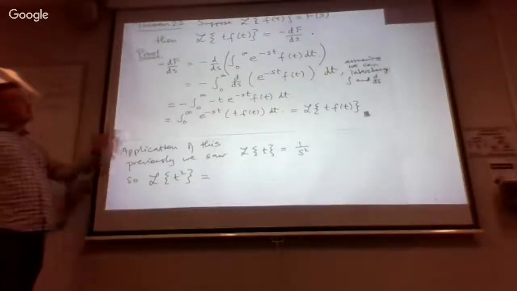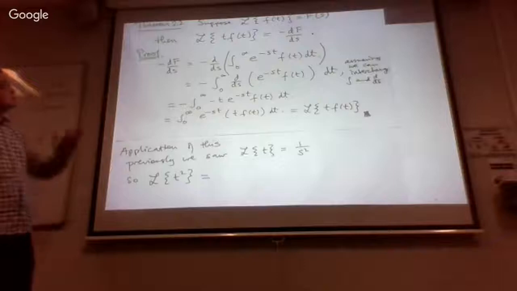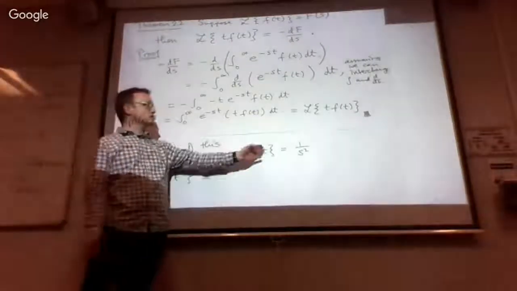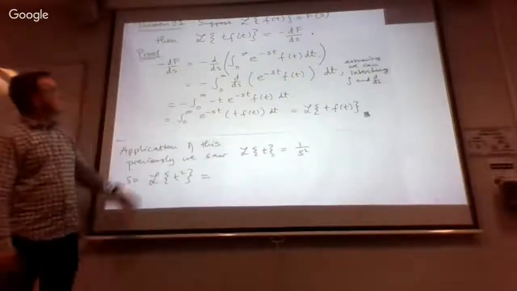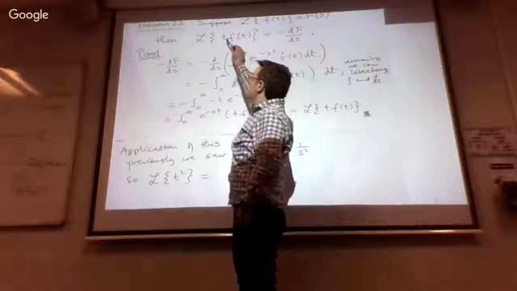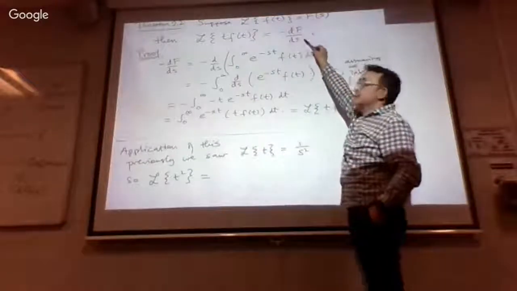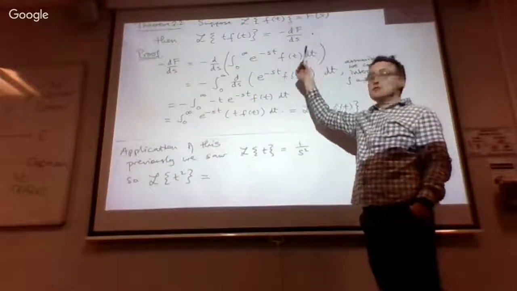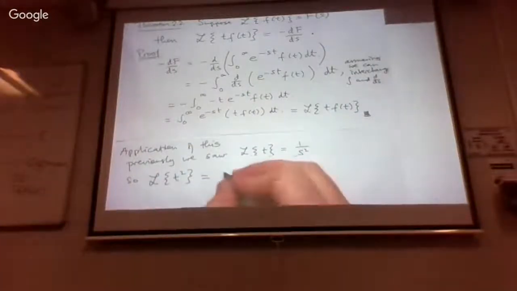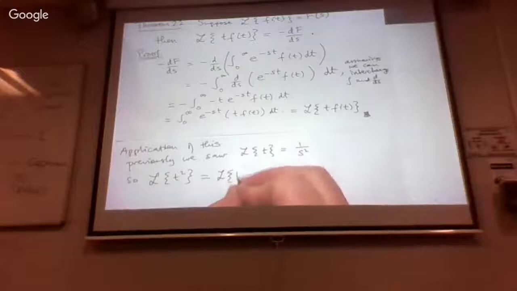But we don't have to go that deep because we've already got higher order results that will do it for us. We already know the Laplace transform of t. We know about this interaction between multiplying the original function by t and differentiating the Laplace transform. t squared is, after all, just t times t, isn't it?